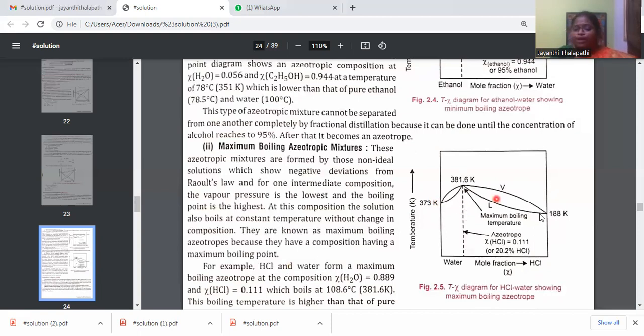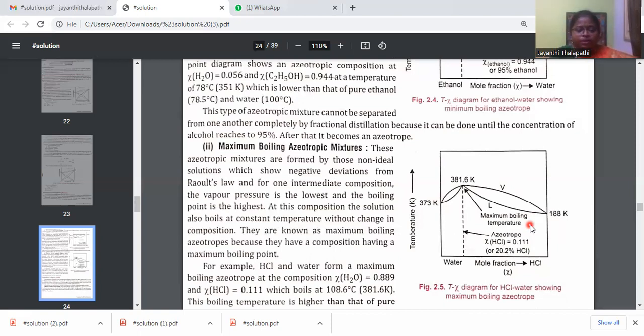So by mixing these two, what happens when you say negative deviation? The pressure actually decreases, boiling point increases. Since pressure decreases, we say negative deviation. That means intermolecular forces will be very high compared to within HCl or between water molecules, right?